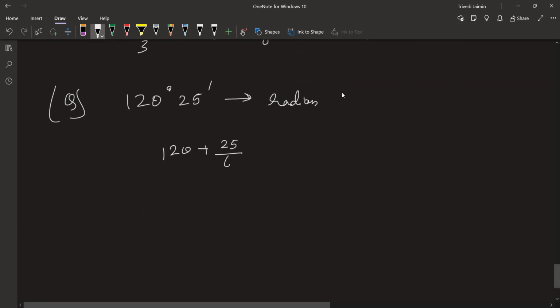Why 25 by 60? So 5 by 12. 4-1. If we need some other decimals, okay, let it be this much. Into 5 by 180.